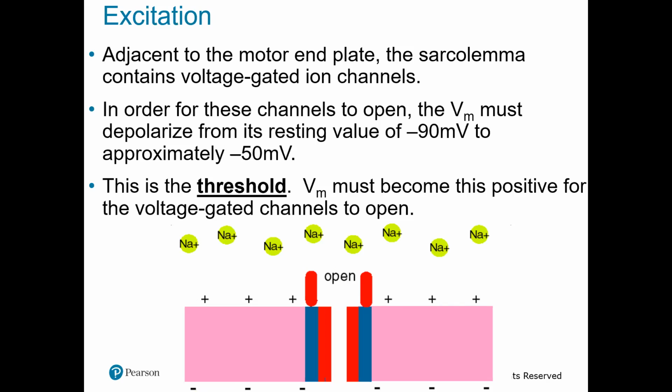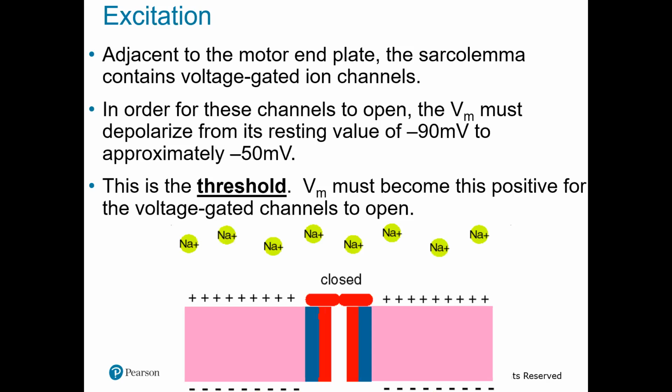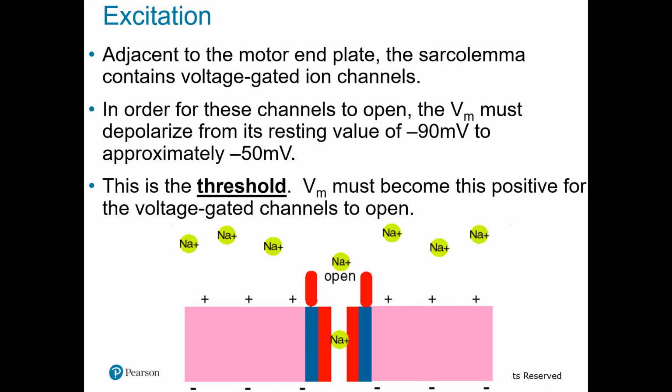They open when acetylcholine lands on them. The gates on either side of the motor end plate are voltage gates for sodium. They only open when the charge gets to minus 50, and they'll stay open until the charge gets all the way up to plus 30. So a lot of sodium is coming in and changing the charge in the membrane. And we haven't even talked about the potassium gates yet.